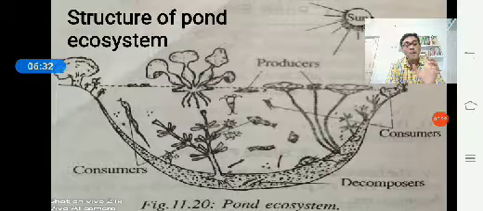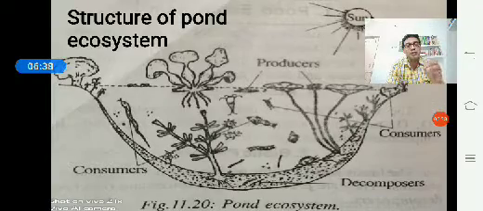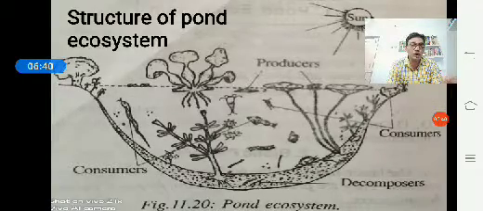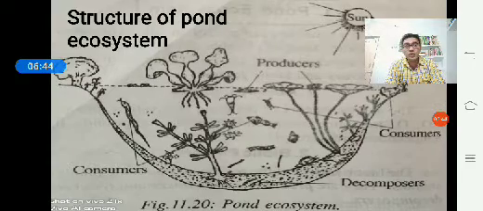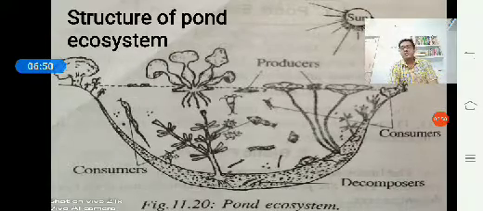These plants occupy the pond ecosystem as producers and prepare their food by a process called photosynthesis. Then, the consumers.